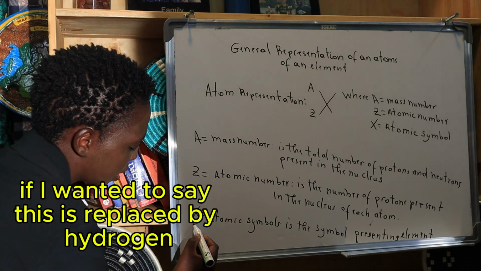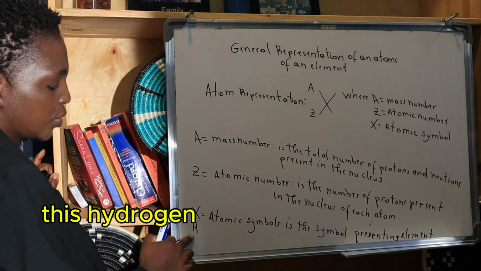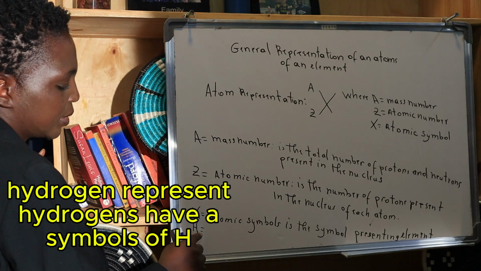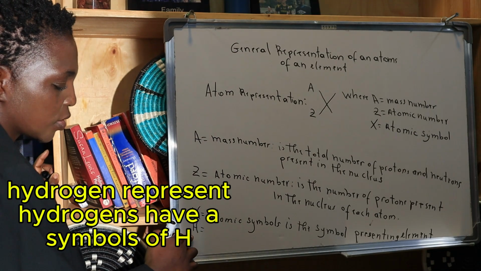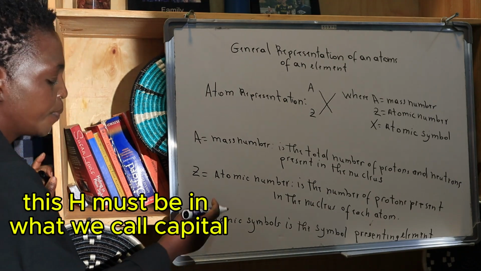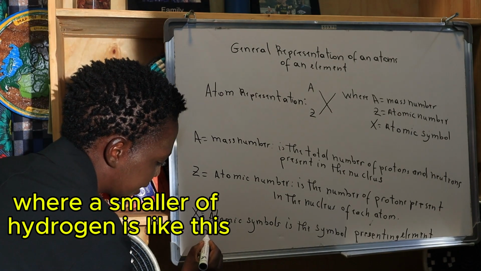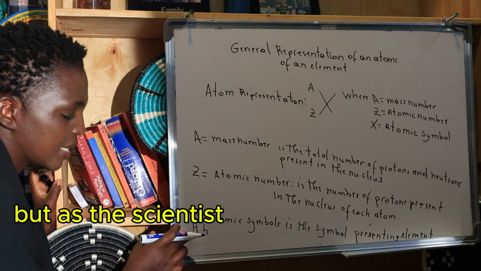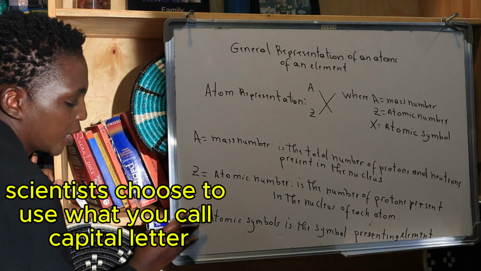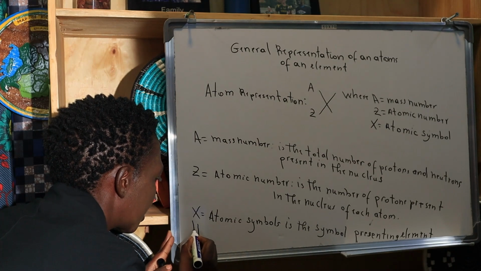For example, if this is replaced by hydrogen, hydrogen has a symbol of H. This H must be a capital letter, not a small letter like this. The scientists chose to use a capital letter, so hydrogen is symbolized by the capital letter H.